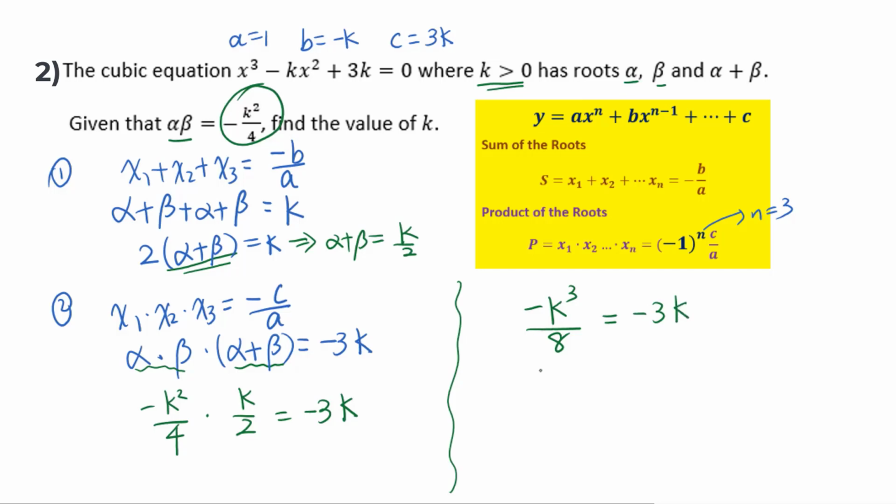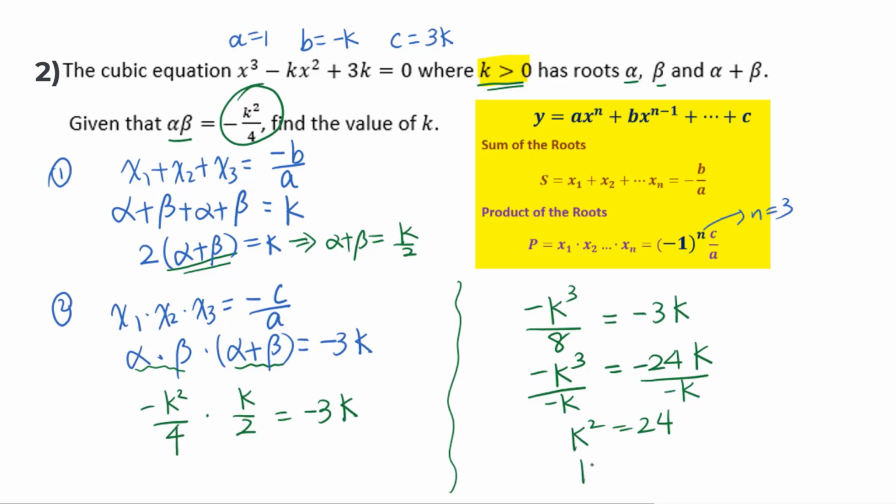Multiply by 8 on both sides, negative k third power equals negative 24k. We know k is not equal to 0, so we can divide by negative k on both sides. We will get k squared equals 24.